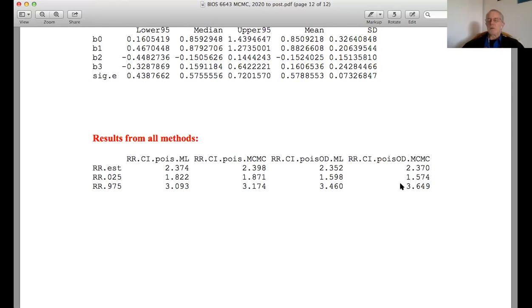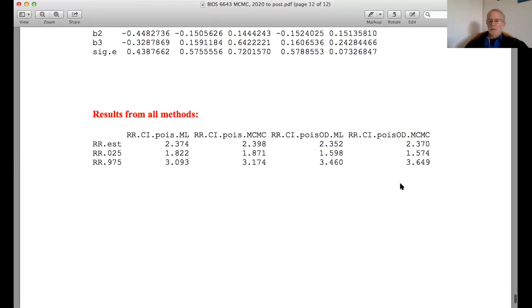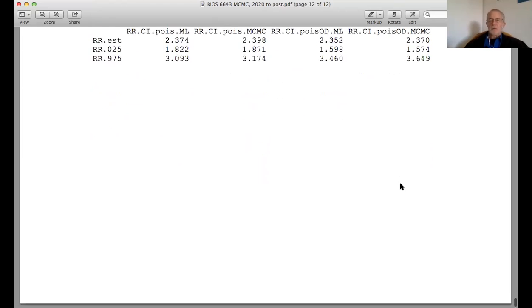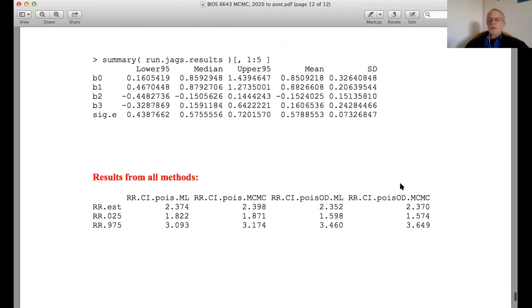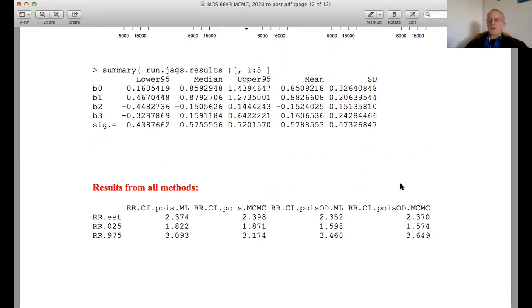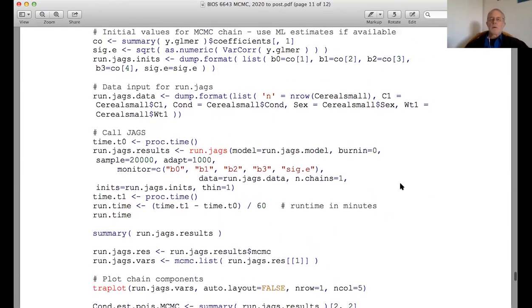Maximum likelihood conditions on assuming the estimated variances are fixed known values. So that means their intervals are a little bit narrower. So my MCMC is slightly more conservative, or more correct, as Bayesians would say. So I believe that's it on this. Any question on any of this?